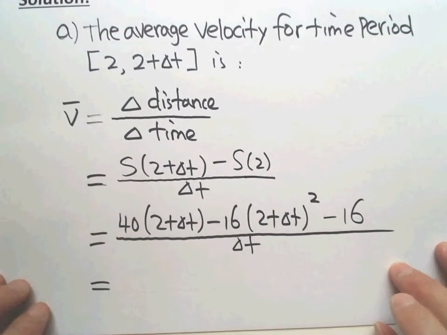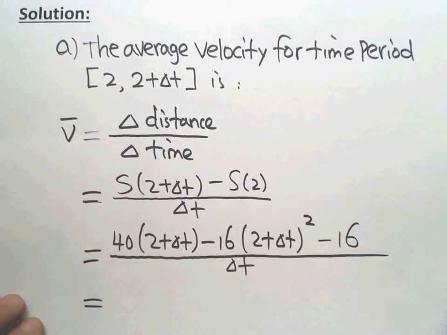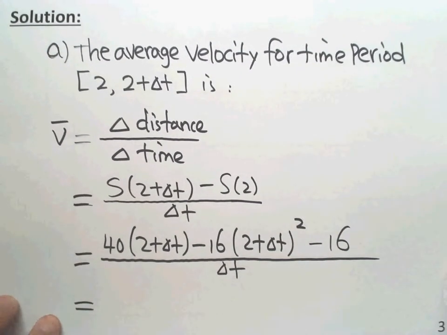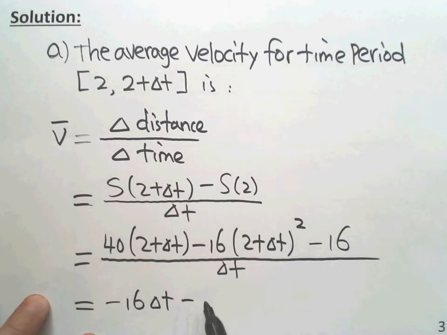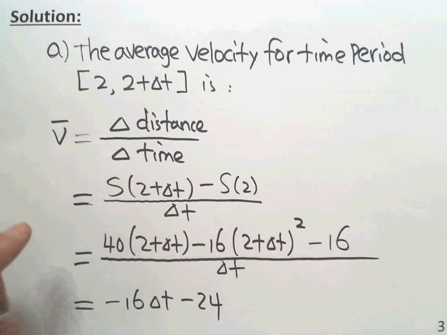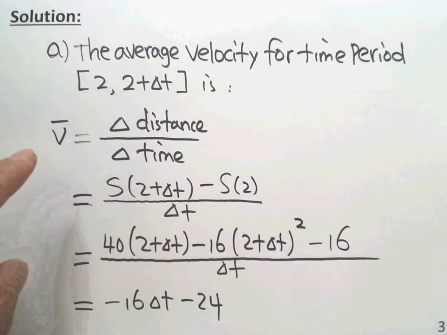I copy here. That's what we got. We just do the calculation. So after the calculation, I just get negative 16 delta t minus 24. That's good. So this is the first step.